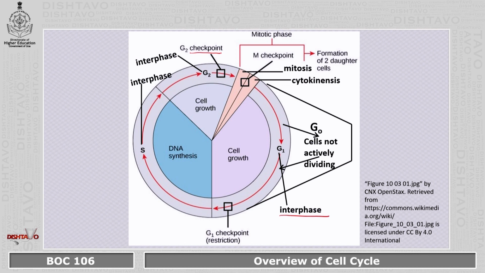The interphase shows all three phases, G1, S phase and G2 phase. After the G2 phase, the cell is prepared to go into the next phase, called the mitotic phase.